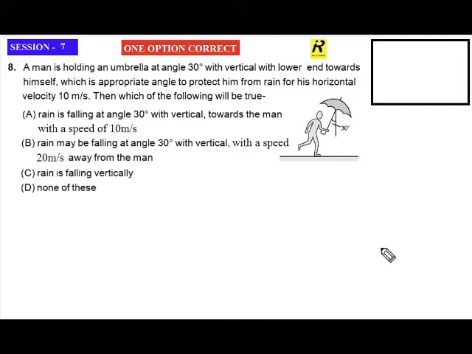So again, this horizontal velocity of the rain should be equals 10 meter per second, and this is equals VR sine 30. So that means VR is one more time 20 meter per second.